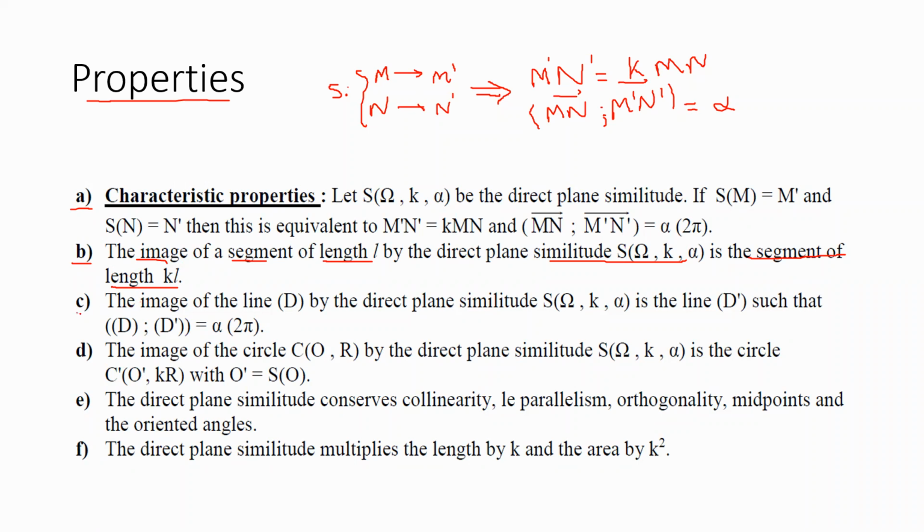Part C, the image of a line D by S omega K alpha is a line D prime such that the angle between D and D prime is equal to alpha. But dilation, what is the image of the line?